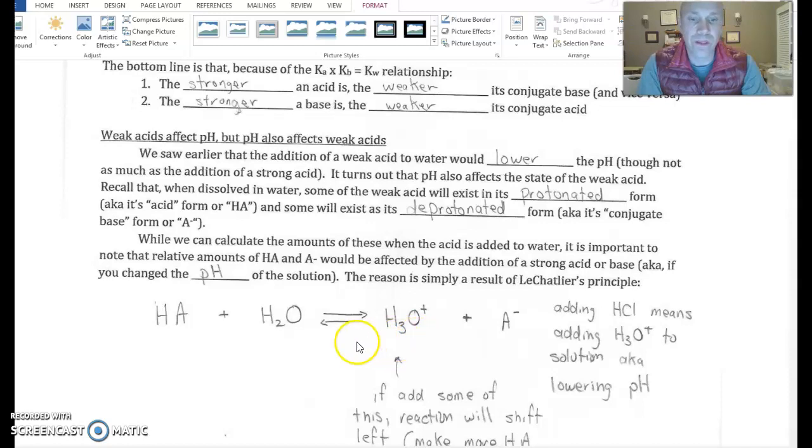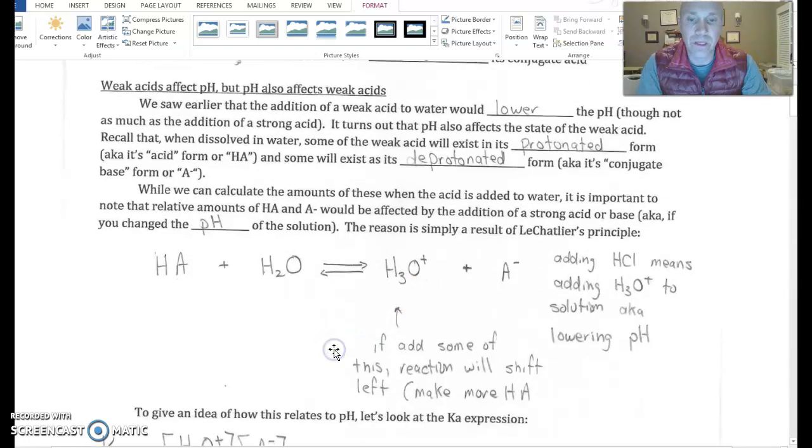One thing you should remember from Le Chatelier's principle is that when you add something to one side, it pushes things in the other direction. Or if you take something away from one side, it's going to pull things towards that side. So if we take a look at this acid dissociation reaction, notice that it's got H3O+.